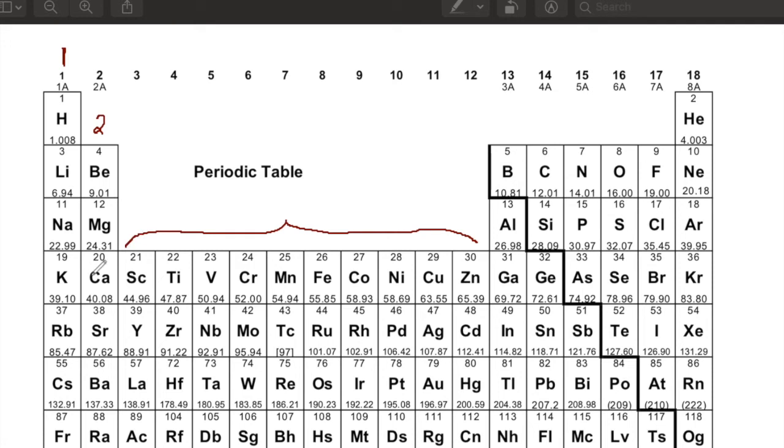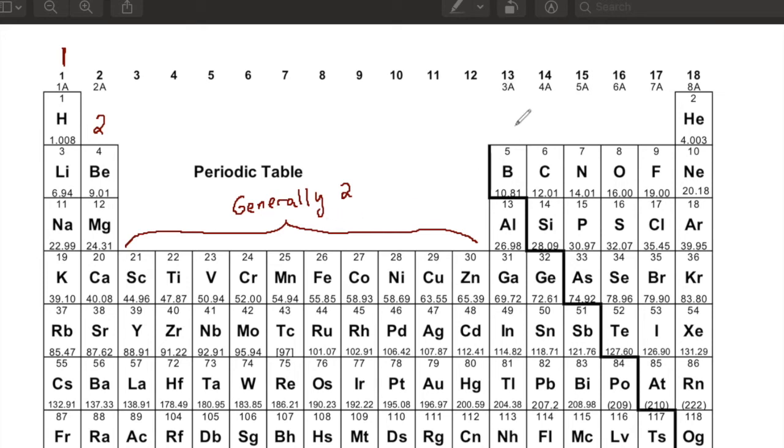So in period 4, we have 4s being filled and then back to 3d. So none of those 3d electrons are in the outermost shell. They're one level down. So generally these have two valence electrons as well. There's a couple of exceptions, so I'll say generally two.